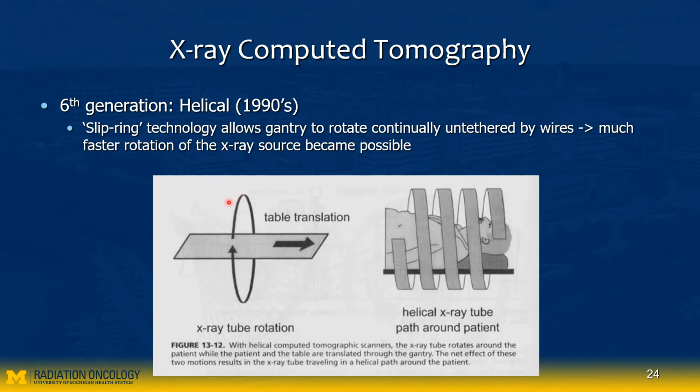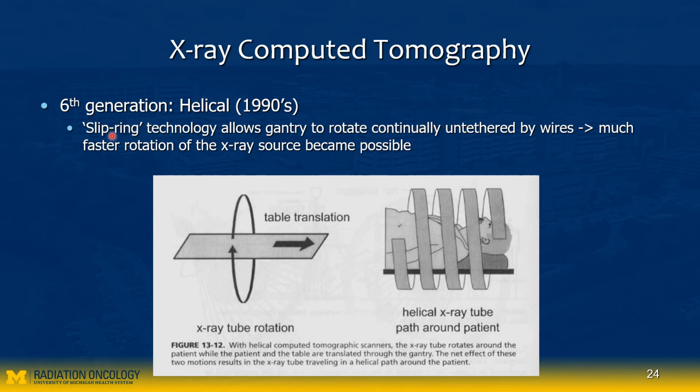Finally, the sixth generation. This is our current modern CT. It is helical CT. Before, the X-ray source could not rotate continuously, right? But slip ring technology allows the gantry to rotate continually, untethered by wire.